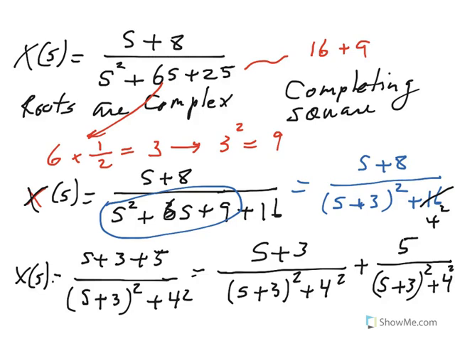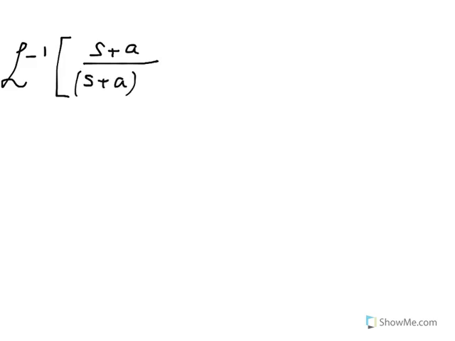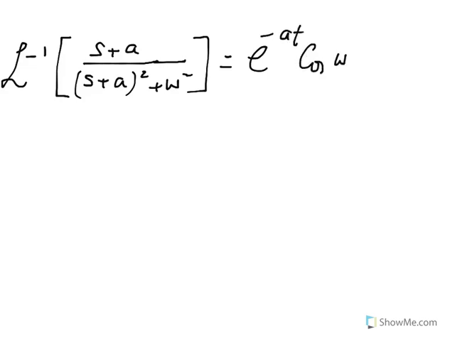So now let me go to the next page and remind you of the sine and cosine functions that we could use to go back to the time domain. Just a reminder that the inverse Laplace of something in this format, s plus a divided by s plus a squared plus omega squared, when you go back to the time domain, becomes e to the minus at cosine omega t.